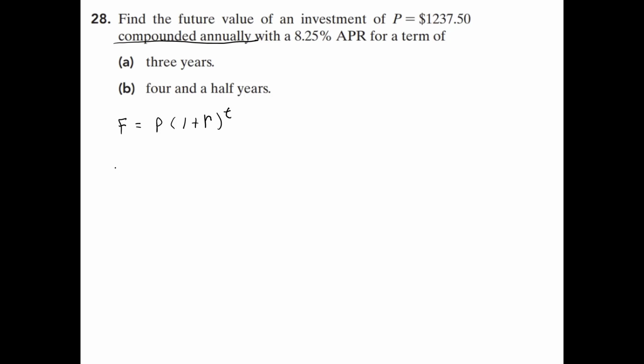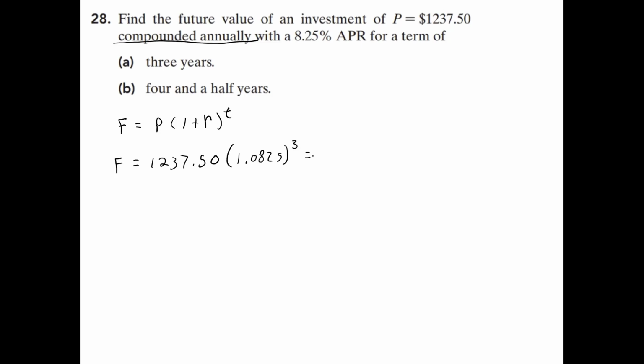Your future value is what you're trying to figure out. Your principal is $1,237.50. 1 plus, we can do in our head, 1.0825. And we're going to raise this to the t, and t is 3 years.